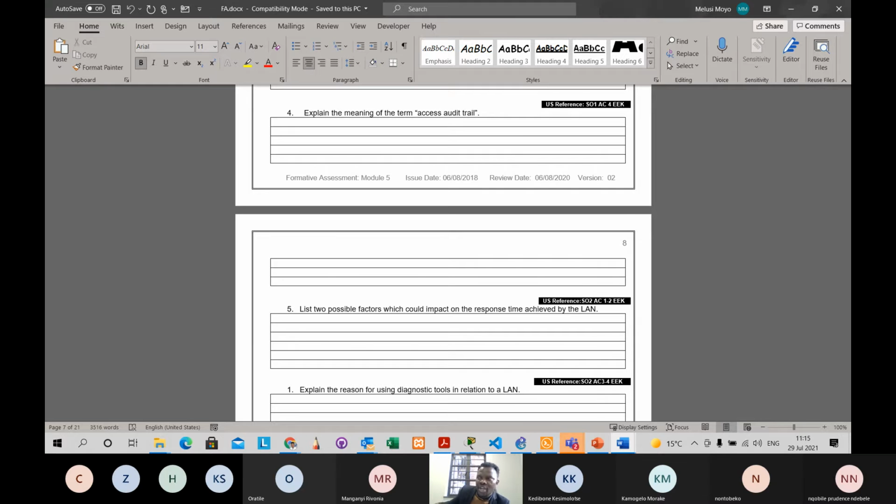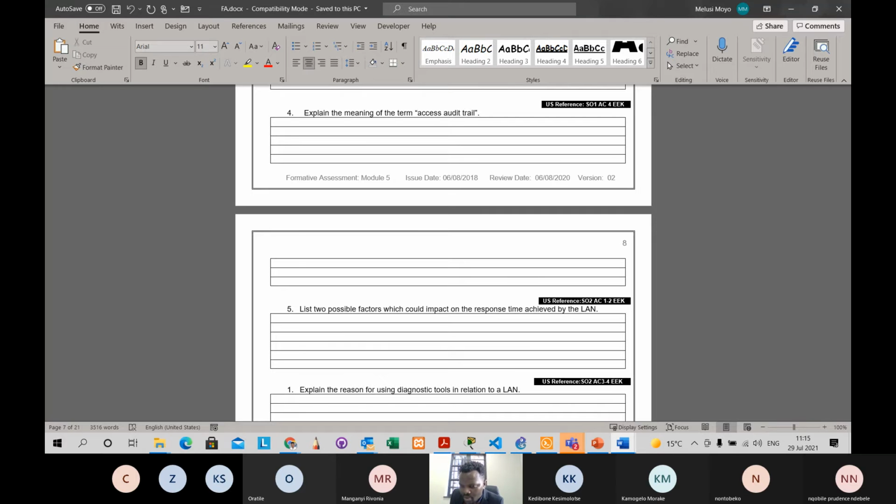So an access audit trail is whereby we want to find out who deleted a file in a system, or who installed or uninstalled an application on a machine. We can use the access audit trail for that.